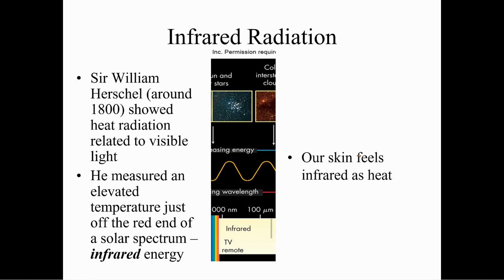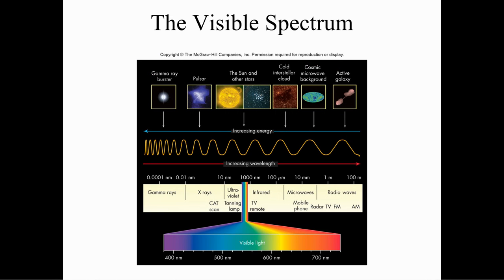Infrared radiation. All right, so what happened here? Let me go back. So Herschel was actually measuring the temperature of the different light waves. He had a thermometer and he used a prism, broke the colors into this visible spectrum. Now, at this point, before Herschel, we didn't realize there were other wavelengths that we couldn't see.